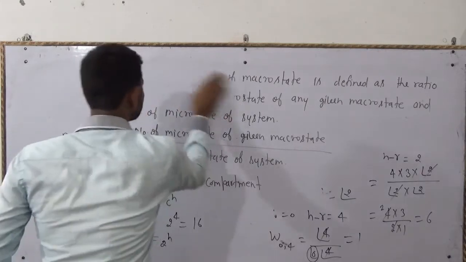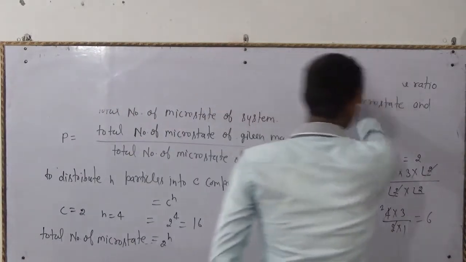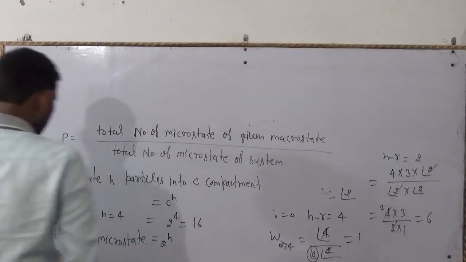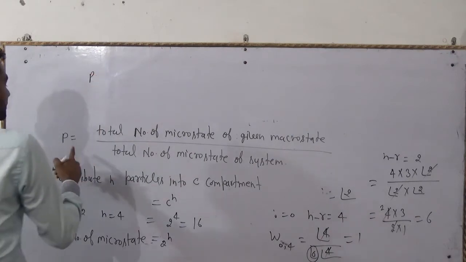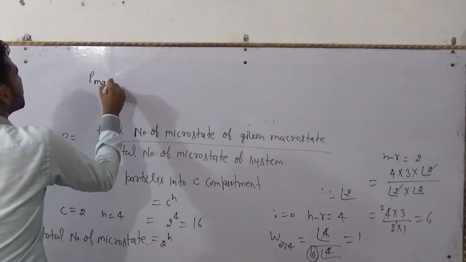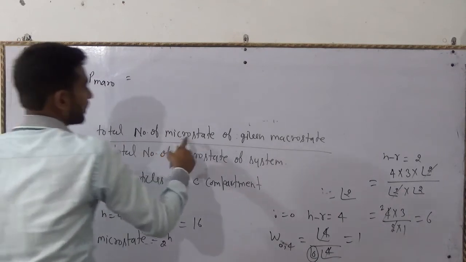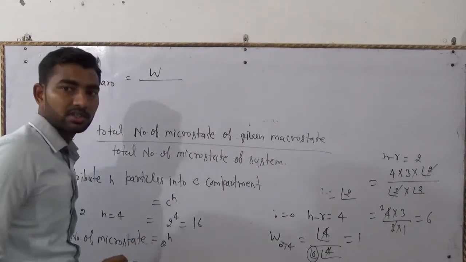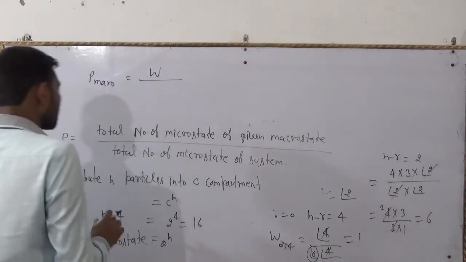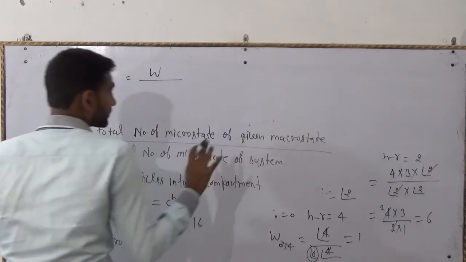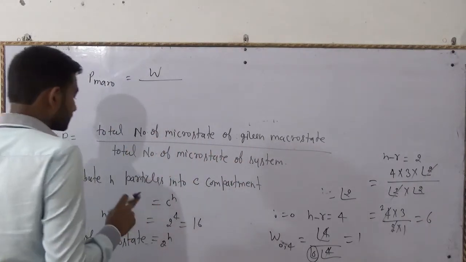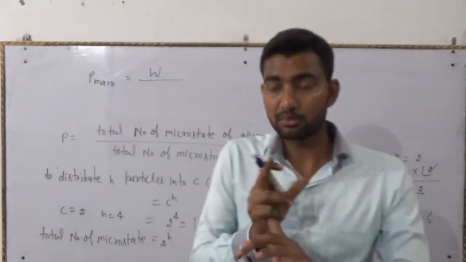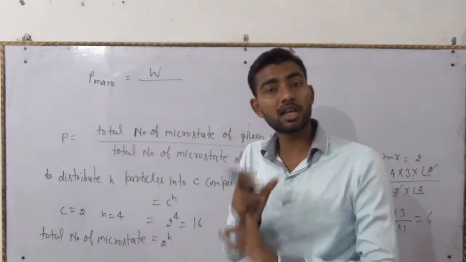Now what will be the probability of a microstate? With the help of this formula, P micro is equal to the total number of microstates of the given microstate, which is the thermodynamic probability W, upon the total number of microstates of the system. Here we are not considering any finite number of particles; we are assuming the system has n particles.